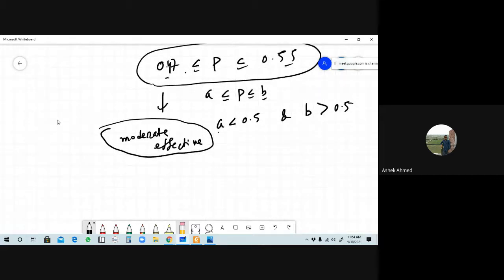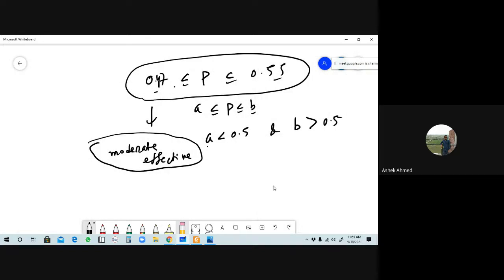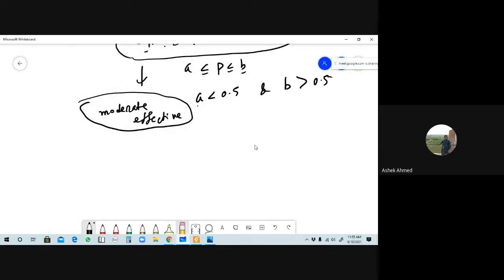Okay, if the left interval is less than 0.5 and the right interval is greater than 0.5, and another problem to consider, a is equal to p, if the right end point is at b. Okay, if b is less than or equal to 0.5, then a will automatically be less than 0.5.